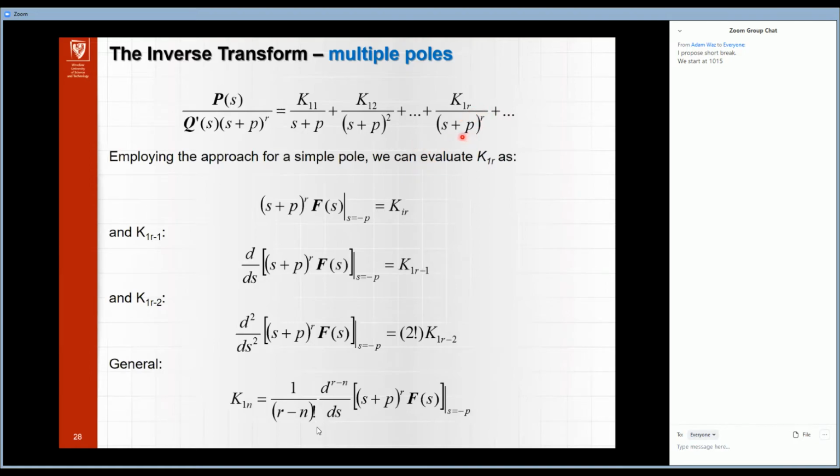we put minus p instead of s, and we obtain this factor. We start from the largest value of r, and the second one we obtain using derivatives.